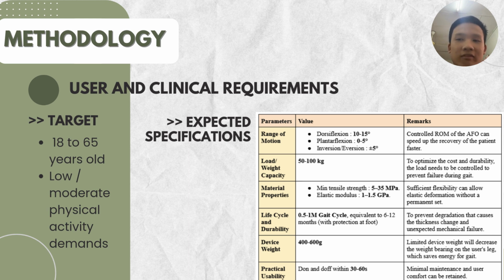We also have the expected specifications as shown in the table, and we analyze the specifications from range of motion, weight capacity, material properties, the life cycle and durability, at which how many gait cycles we can do, the device weight to prevent overweighting and power wasting of the user, and also the practical usability, which is how easy the user can don and doff the AFO.